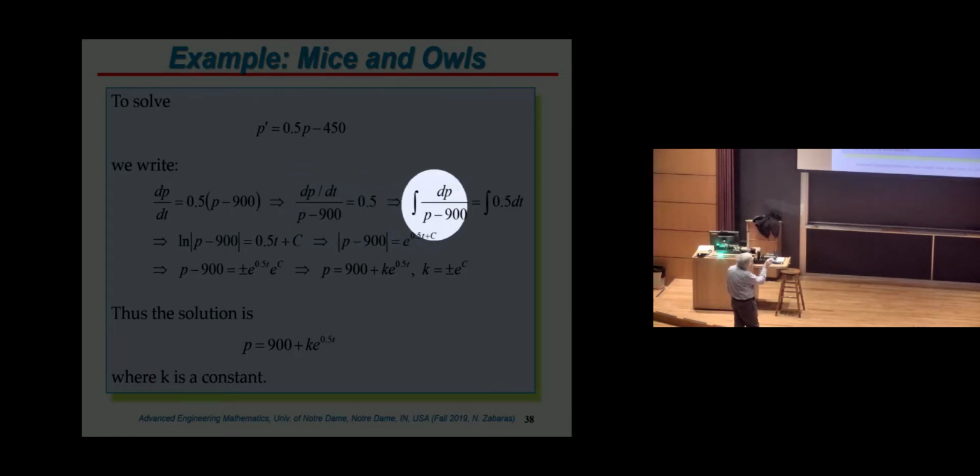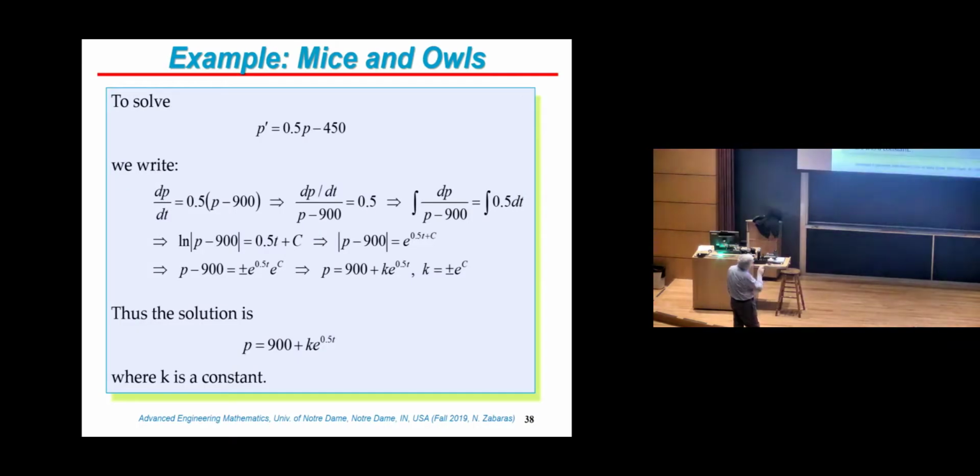If you put the 0.5 outside and the rest inside parentheses, you can write this as dP over P minus 900 equals 0.5 dt, and you can integrate the left and right-hand sides separately. This is what we call a trivial example of a separable equation.